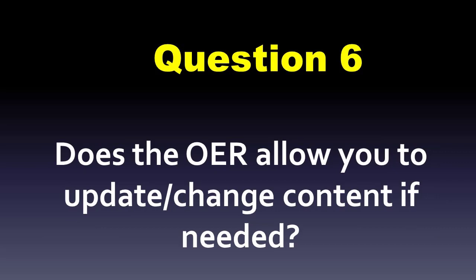Okay, question 6, does the OER allow you to update or change content if needed? I'm not aware of being able to change the content, but the bigger issue is that there's no point person. So with a publisher, I can contact the publisher and say, hey, this is what I would really want in the book. Maybe you have a different book that does this, but there's really no one that I can talk to.